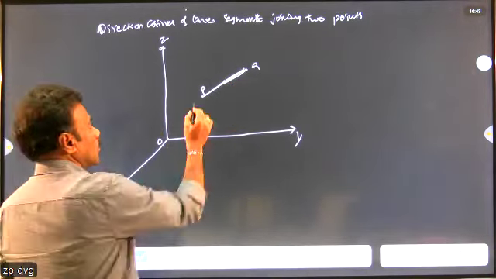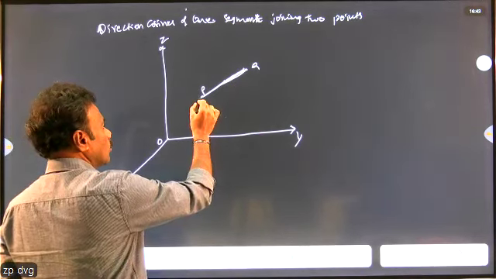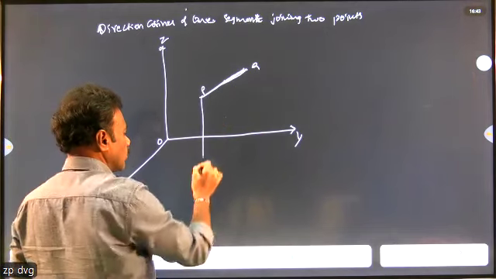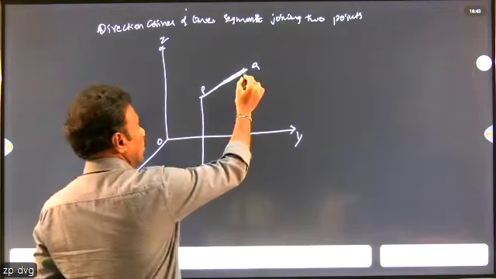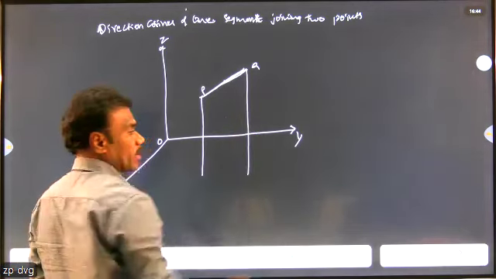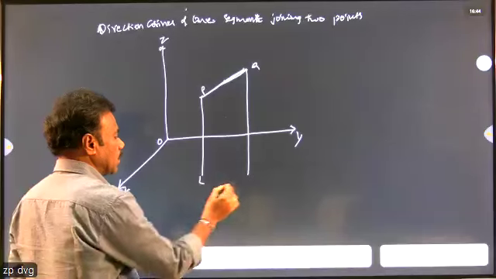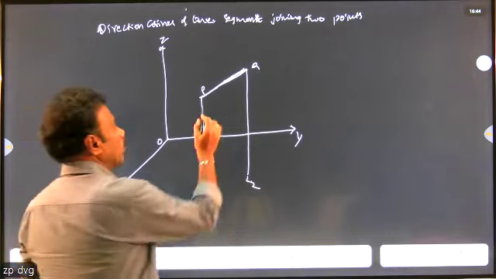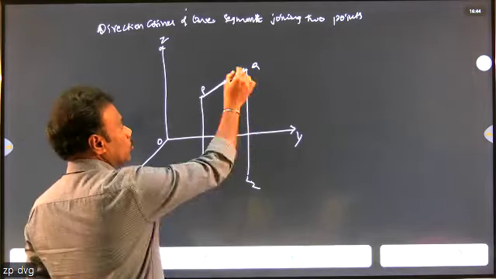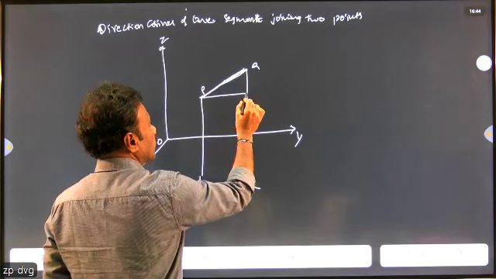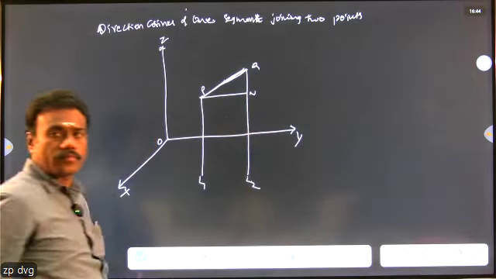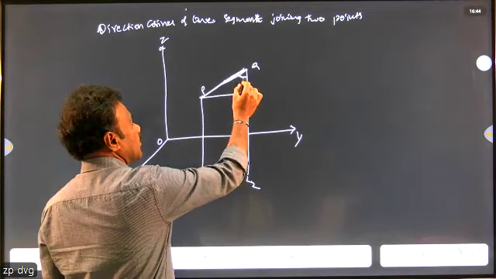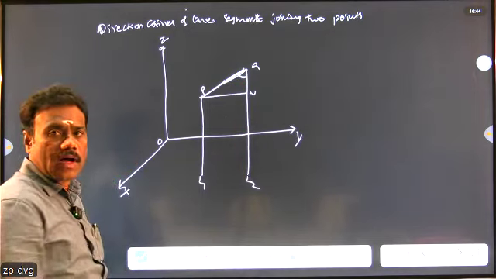Now draw a perpendicular from Q to the xy plane, let us take it as L. And draw a perpendicular from P to the line QL, so this I am taking as N. Now let us take this angle as some gamma.